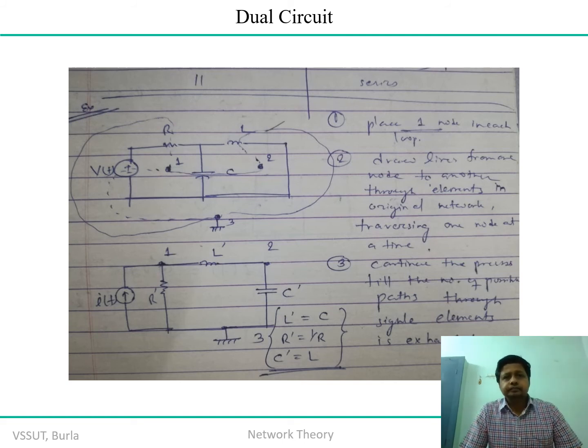In this slide, we consider a very simple network. We consider an instantaneous voltage source, and we consider a resistance. The capacitance C is common between the loops, and in the second loop, inductance is involved.